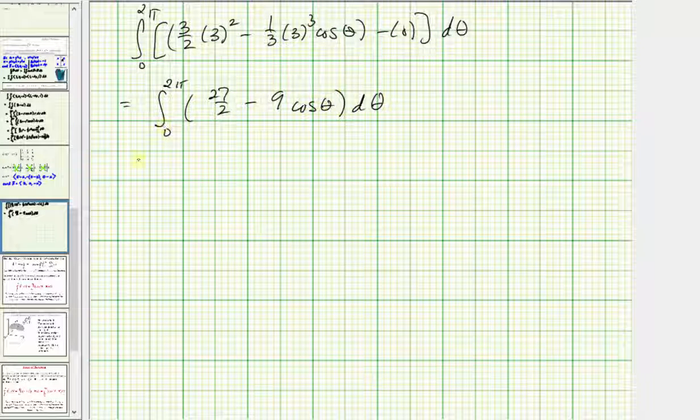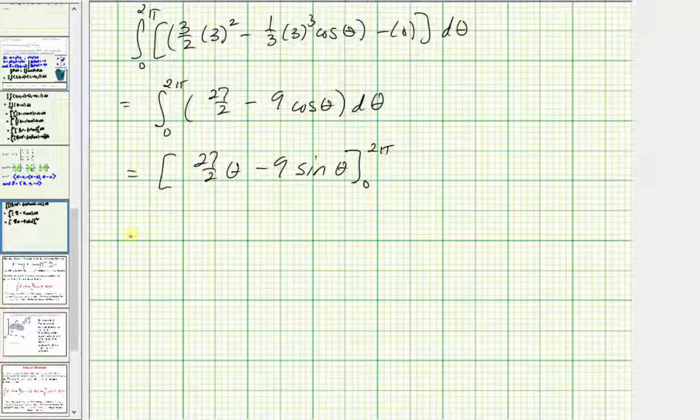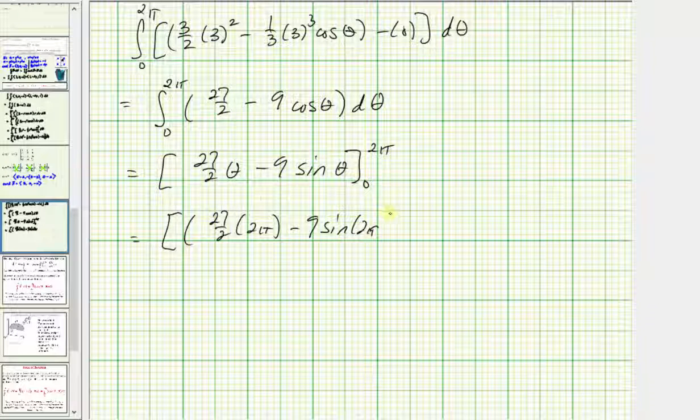And now we integrate with respect to theta. So the antiderivative is 27 halves theta minus 9 sine theta. So when theta is equal to 2 pi, we have 27 halves times 2 pi minus 9 times sine 2 pi, minus, when theta is 0, we have 27 halves times 0 minus 9 times sine 0.